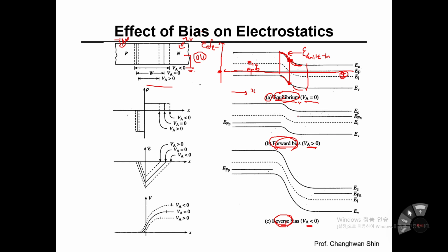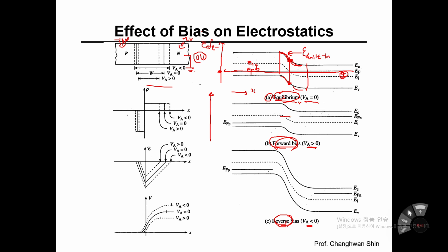Last semester I taught you how to draw the energy band diagram when a certain amount of voltage has been applied across a certain device such as a transistor, MOS capacitor, or diode.